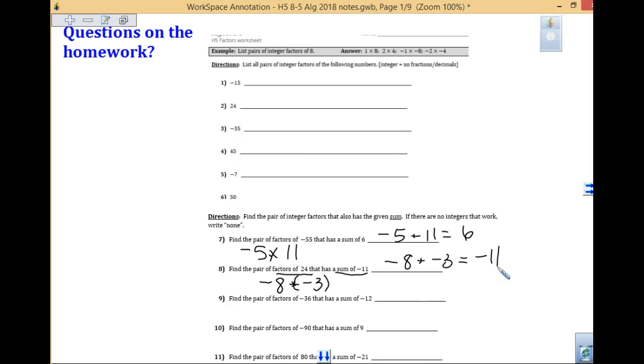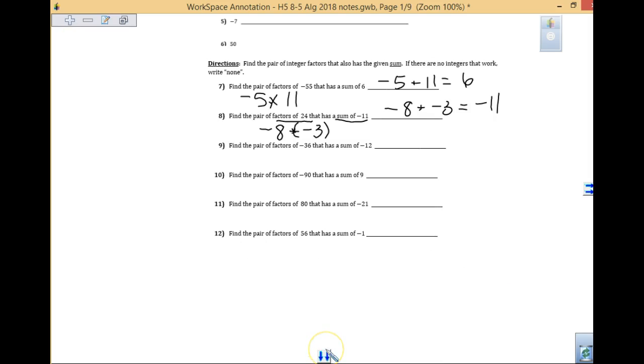Okay? If we're thinking of factors of negative 36, I might have negative 6. If I have negative 6, then I have to have positive 6, right? And if I have 3, I'm going to have negative 12.